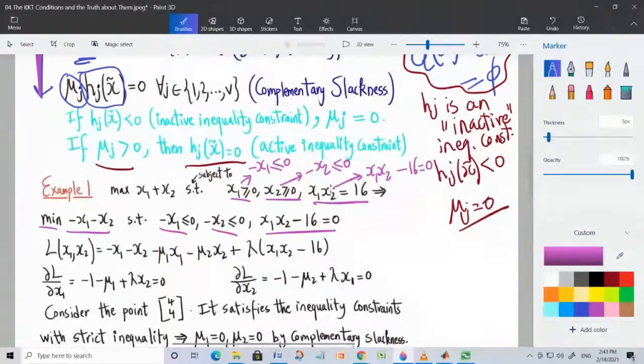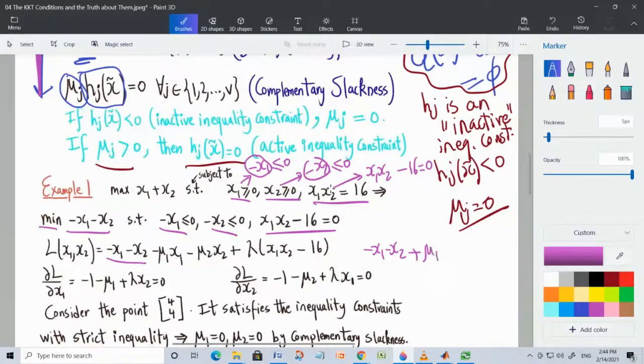Write down the Lagrangian. So here is the objective function. We are minimizing minus x1 minus x2, and then we have those constraints. For each constraint we have a dual variable or Lagrange multiplier, and those must be non-negative.